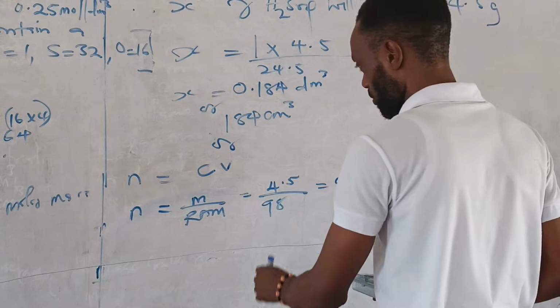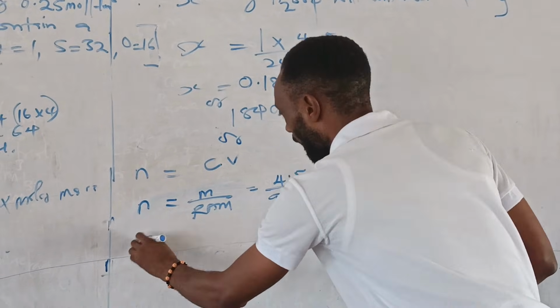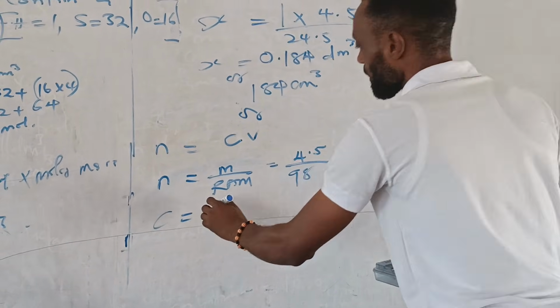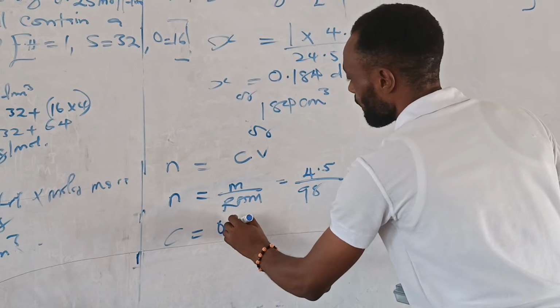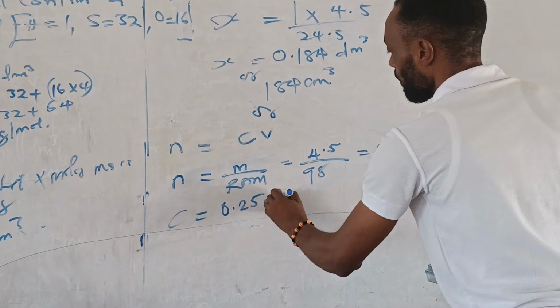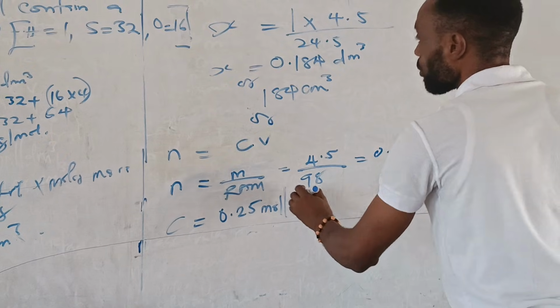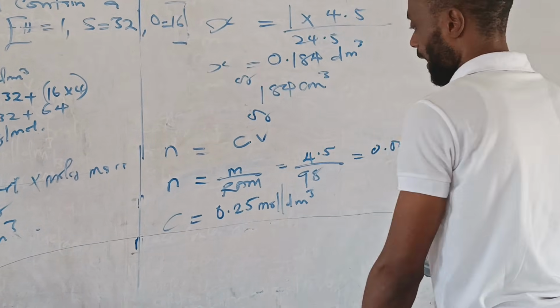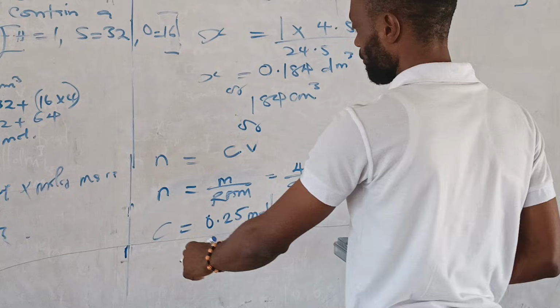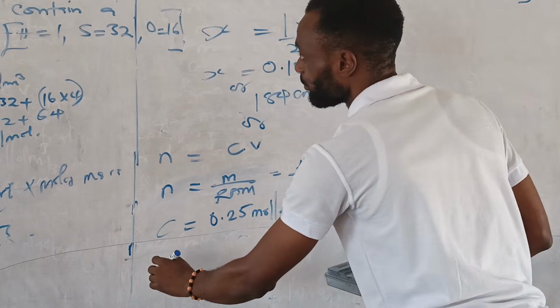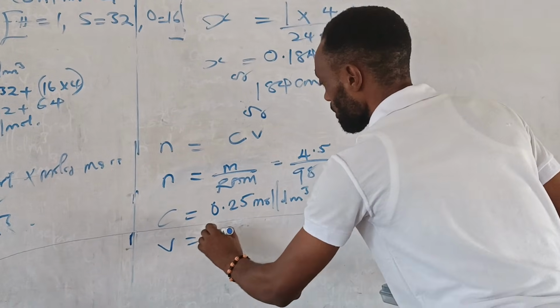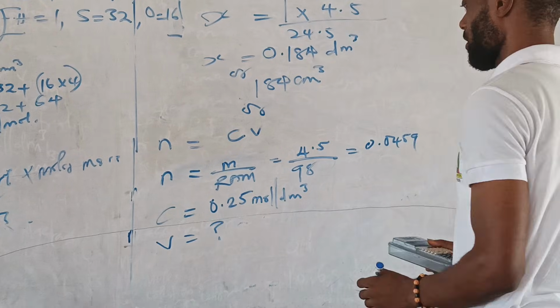0.0459 moles. Therefore, our C we have it as 0.25 mole per dm cube, as you can see here. And then we also have our volume. Our volume, of course, is what we are looking for.